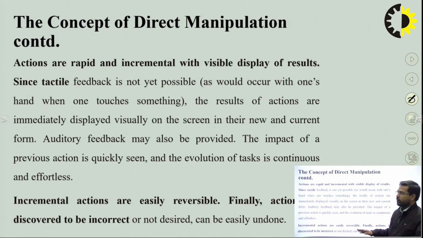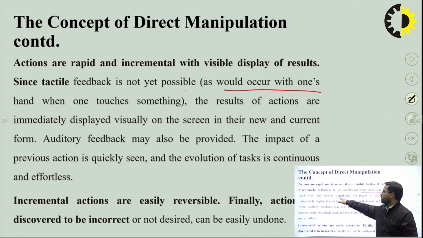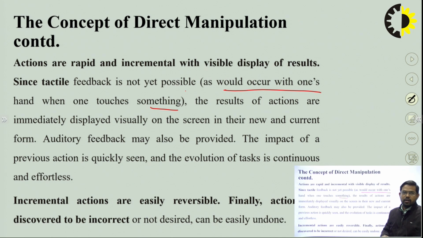Since tactile feedback is not yet possible, as would occur with one's hand when one touches something in the real world, the results of actions are immediately displayed. With our mouse cursor, we click on an application or any folder, and it shows on the desktop, as someone is clicking these icons. So it is displayed visually on the screen in its new and current form.